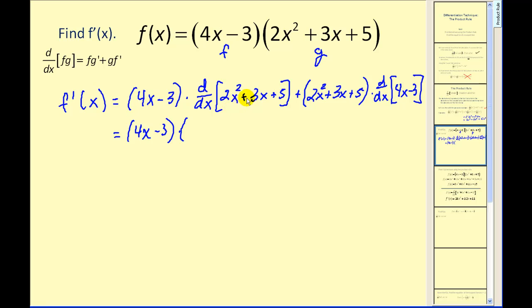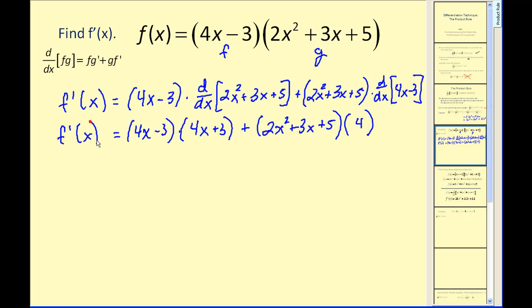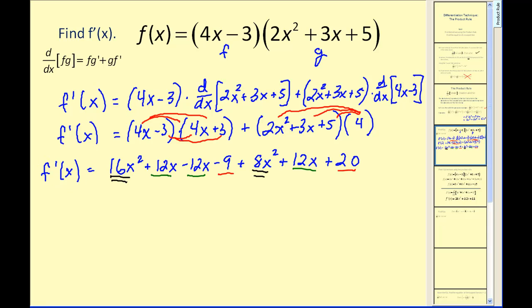The derivative of 2x squared plus 3x plus 5 would be 4x plus 3, plus the second function times the derivative of 4x minus 3, that would be 4. So this is our derivative function. Now we just have to clean it up, meaning we have to multiply all this out and then combine like terms.